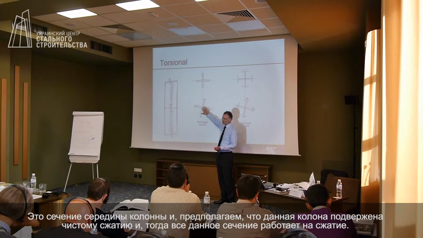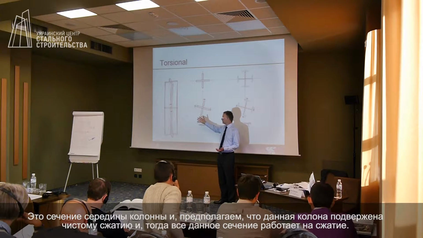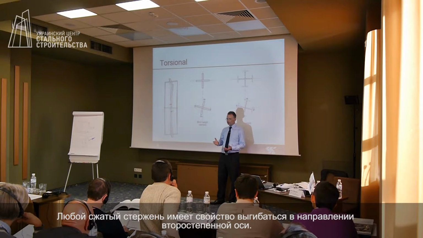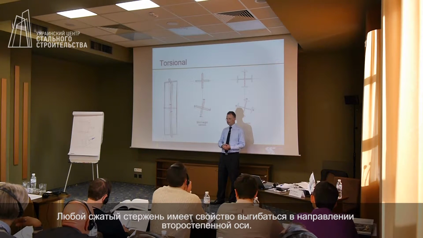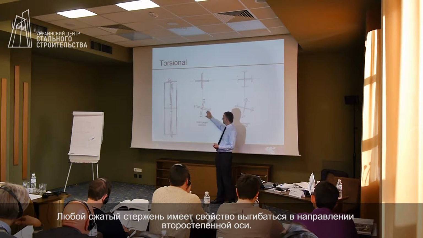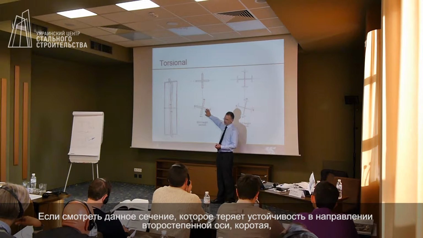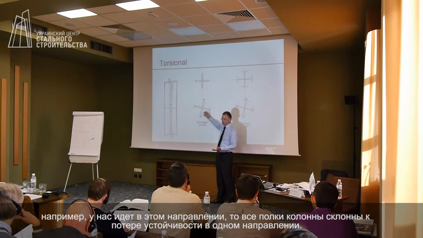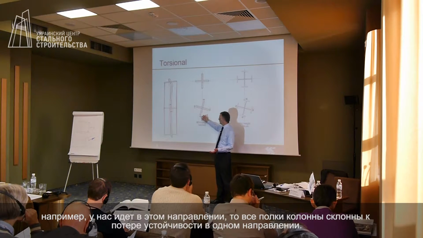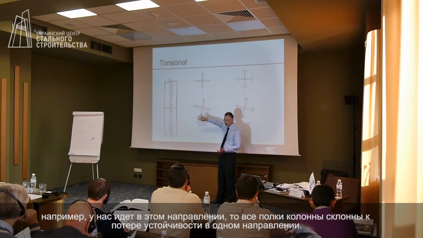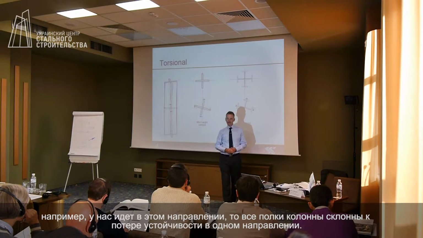So all of this cross-section feels compression. Anything in compression wishes to buckle in the minor axis direction. So as far as this area is concerned, it wishes to buckle in the minor axis, which, for example, may be in this direction. And all of these flanges wish to buckle in the same direction.